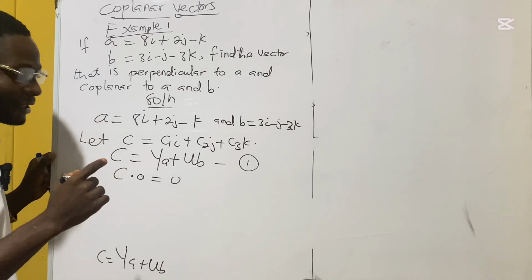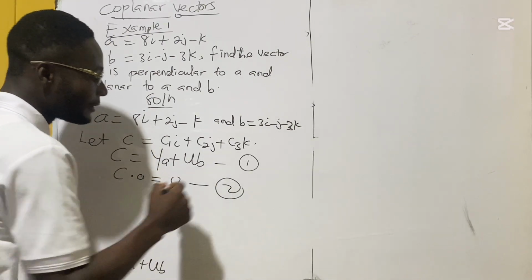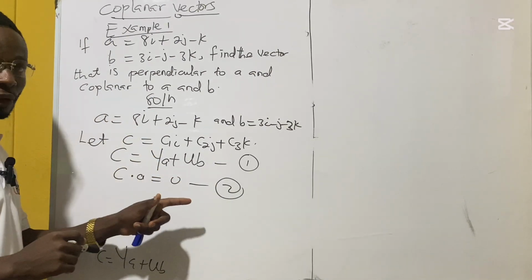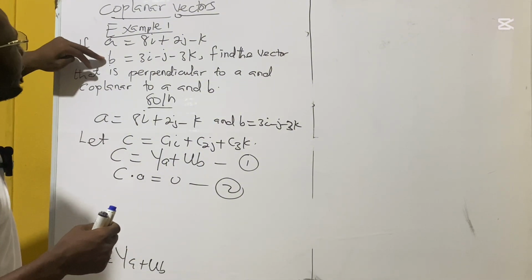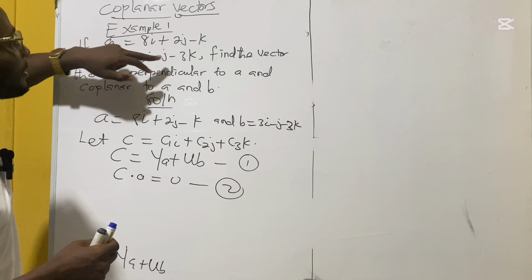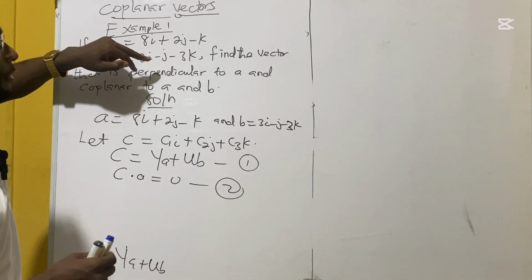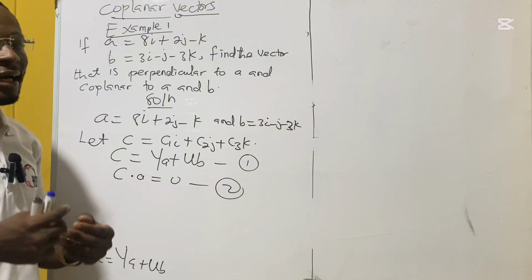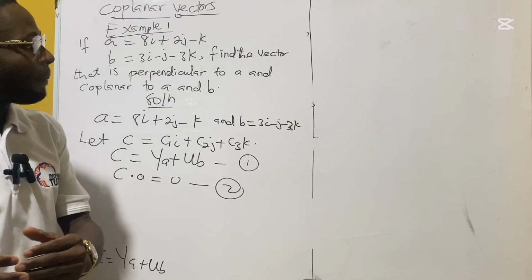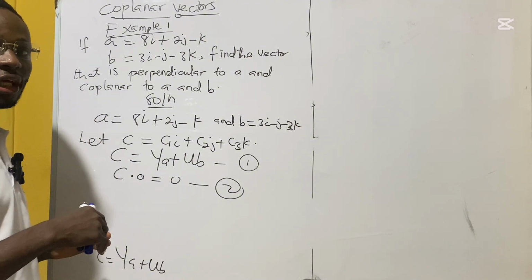That is the statement, and this is equation 2. Let me analyze the question again. If A equals this position vector and B equals this position vector, we are interested in finding the vector that is perpendicular to A and coplanar to A and B.